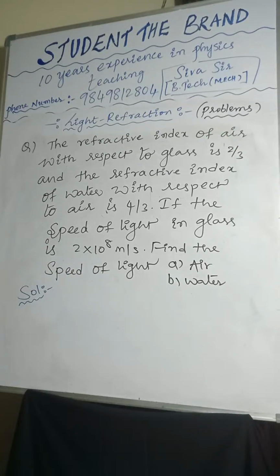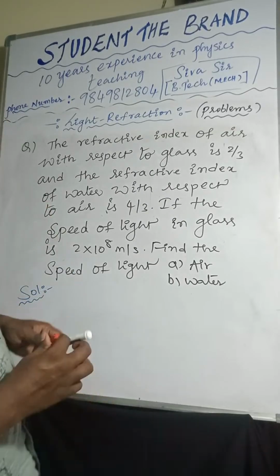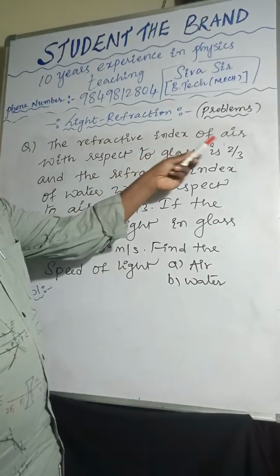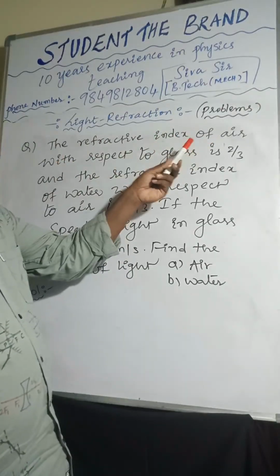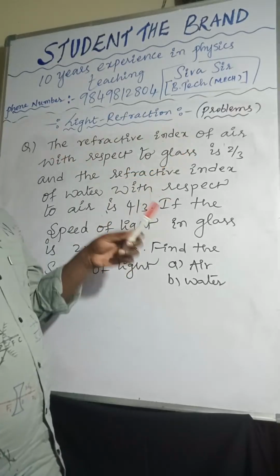Shall we start? So here you see they have given the refractive index of air with respect to glass. By reading this statement, how to write?